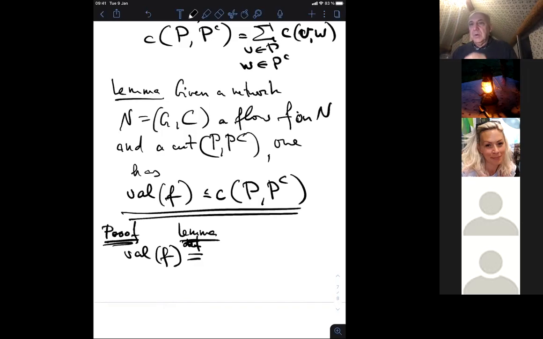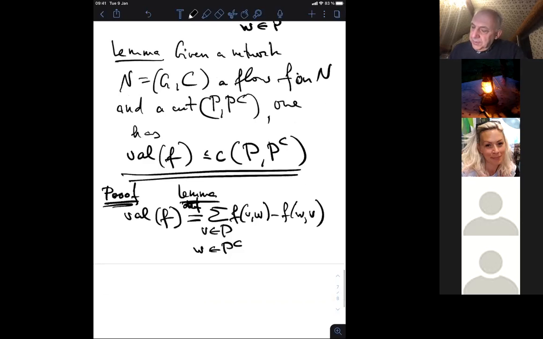But we also learned that for any cut, the value of the flow is the total outflow from P minus the inflow from P complement to P, the other way around. So it would be the sum over all V in P and all W in P complement of the flow from V to W minus the other way around.